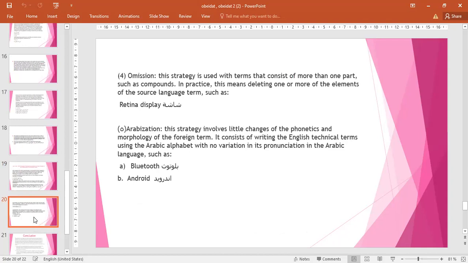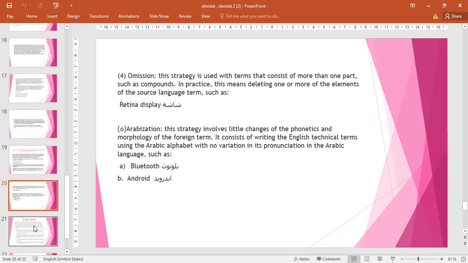Arabization is the strategy that involves little changes of the phonetics and morphology of the foreign term. It consists of writing the English technical terms using the Arabic alphabet with no variation in their pronunciation in the Arabic language, such as Bluetooth, Android.